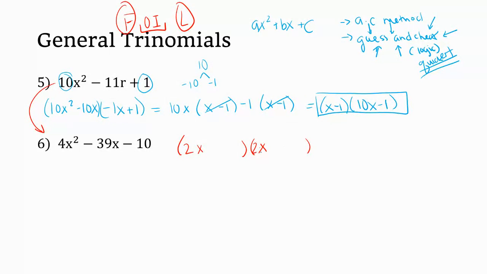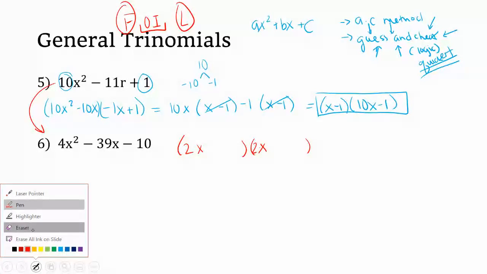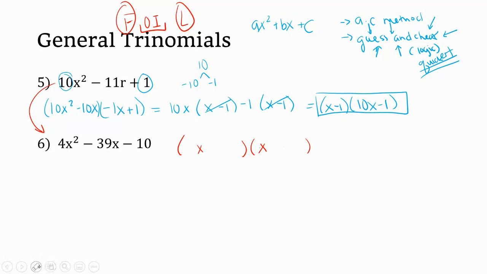You know what? It was probably 4, right? I'm just thinking logically through it. This is 4 and this is just 1. And then that negative 10, I've got to have a negative 10 here because that would give me negative 40 plus 1. So then if I multiply this out, I've got 4x squared minus 40x plus x minus 10. Negative 40 plus 1 gives me negative 39. Therefore, this is factored form.